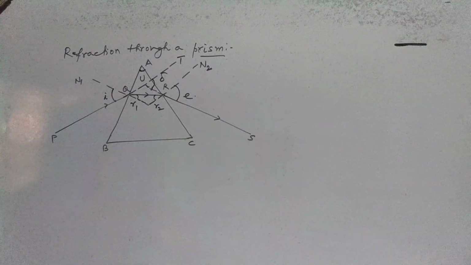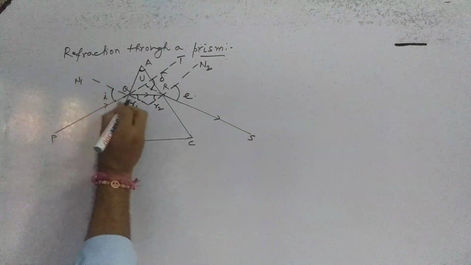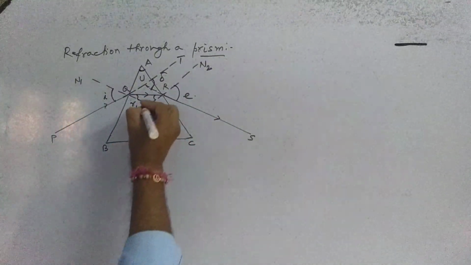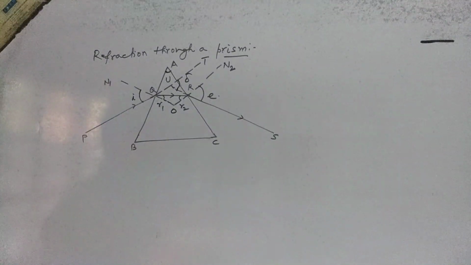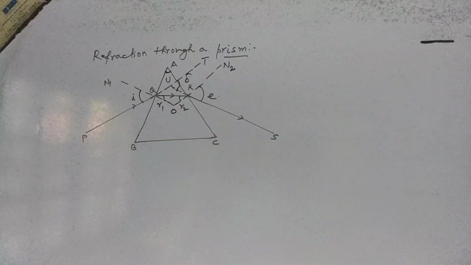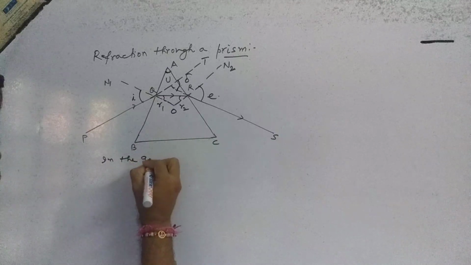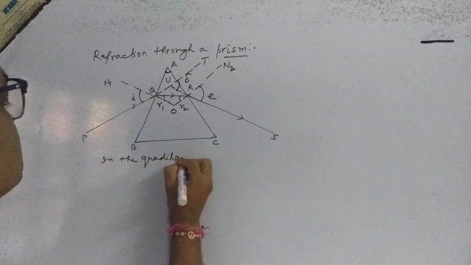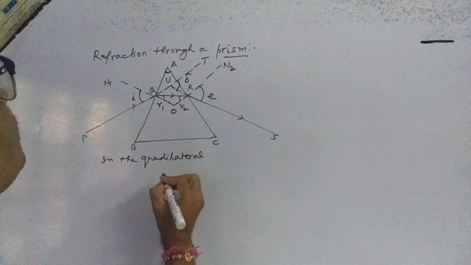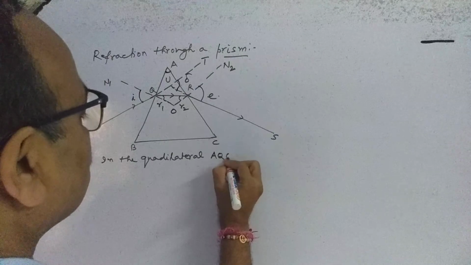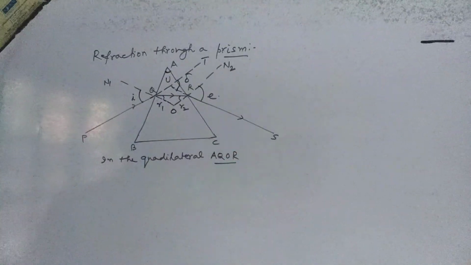So, what can we say? If two normals are drawn from N1 and N2 on these two refracting surfaces, and these normals are meeting at the point O, then we can say in the quadrilateral AQOR, just mark it, AQOR.